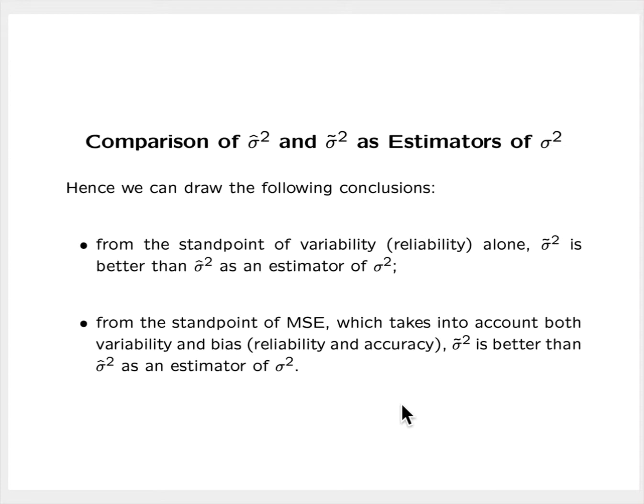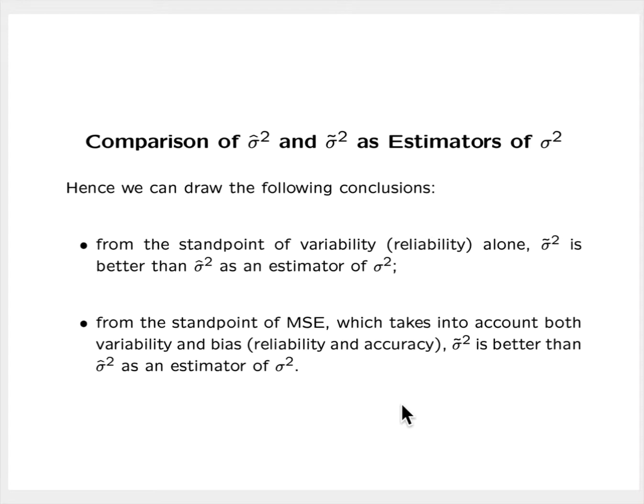from the standpoint of looking at how to compare estimators. Typically, for a given situation, or in trying to estimate a given parameter, we have more than one option when it comes to estimators for that parameter. In this example, we have the version of the sample variance with n minus 1 in the denominator, and we have the version that has n in the denominator.